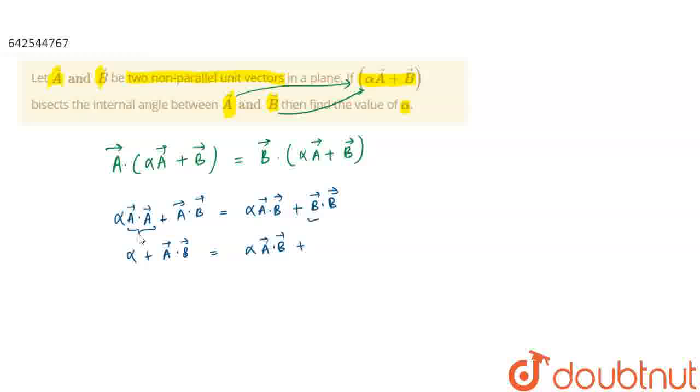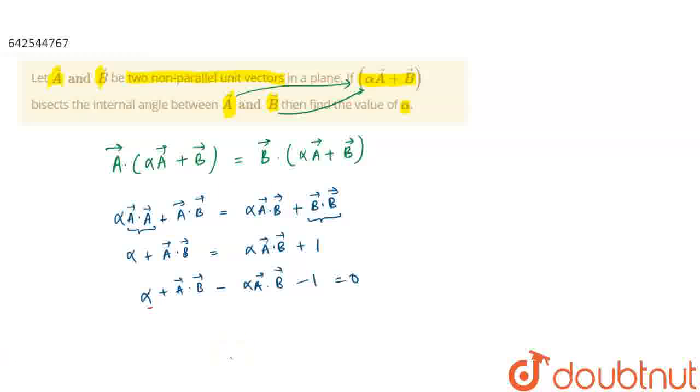Again here B vector dot B vector will be equal to 1 because these are unit vectors. So now taking this in the LHS, what we will have? We will have alpha plus A vector dot B vector minus alpha A vector dot B vector minus 1 equals 0.